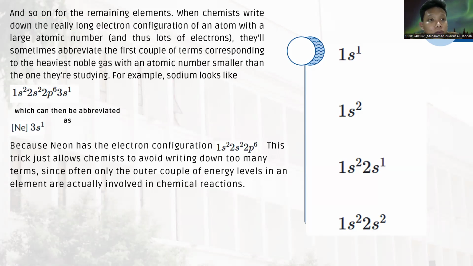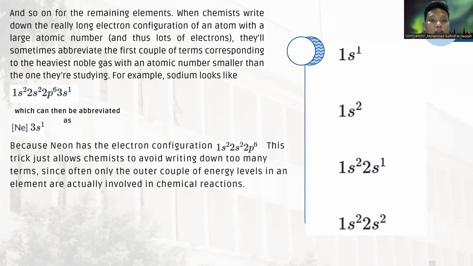When chemists write down the really long electron configuration of an atom with a large atomic number and thus a lot of electrons, they'll sometimes abbreviate the first couple of terms corresponding to the noble gas with an atomic number smaller than the one they are studying.